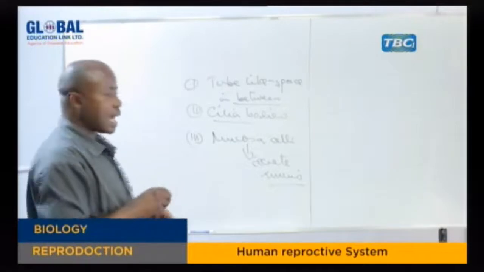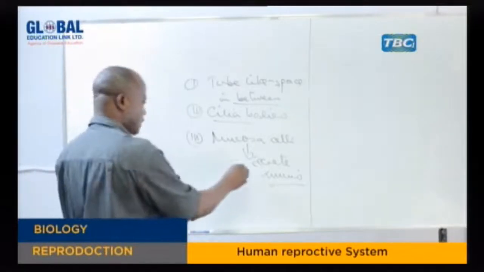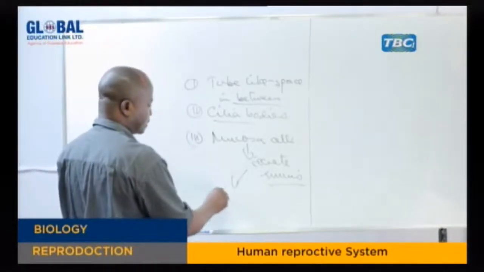This mucus allows swift movement of the oocyte.